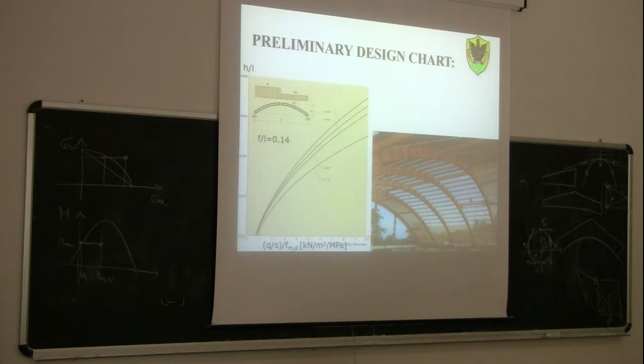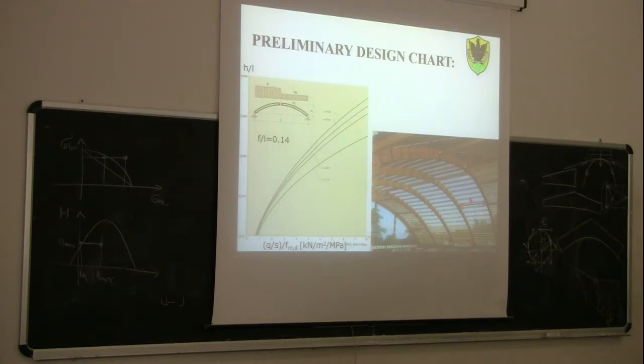Here you have some tables for preliminary design for a 3-pin arch. So you see the load condition, Q on one side and alpha Q on the other, and different curves when alpha changes from 1 to 0.5. Those tables are drawn for a ratio between the rise of the arch and the span equal to 0.14.